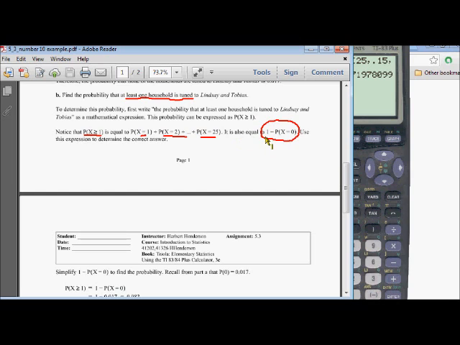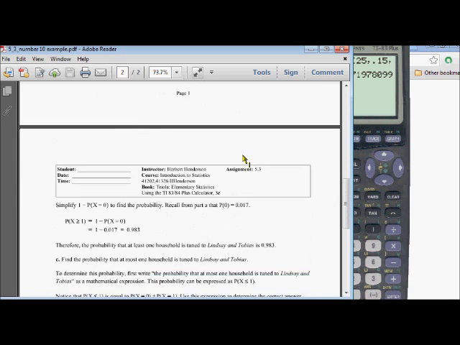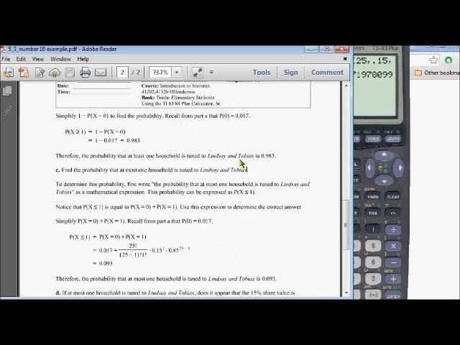So if you take 1 and subtract this thing, you're going to end up with the households that are at least looking at, that are greater than or equal to 1. This one we really don't have to spend a whole lot of time on with the calculator, because it's fairly simple.